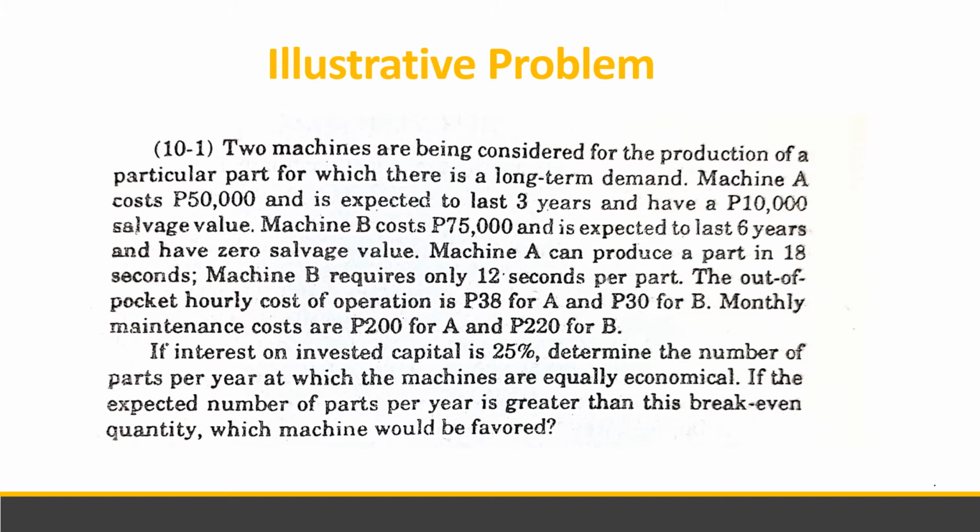So machine A can produce a part in 18 seconds while machine B requires only 20 seconds per part. So mas mabilis yung machine B. So the out-of-pocket hourly cost of operation is 38 for A and 30 pesos for B. So monthly maintenance costs 200 pesos for A and 220 for B. So if interest on invested capital is 25%, determine the number of parts per year at which the machines are equally economical.